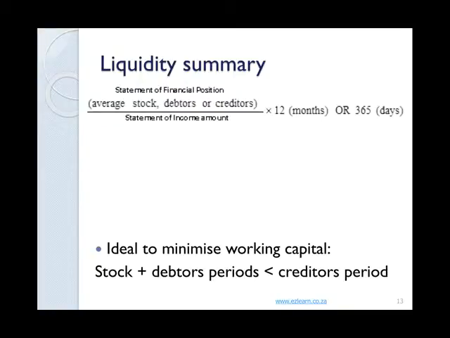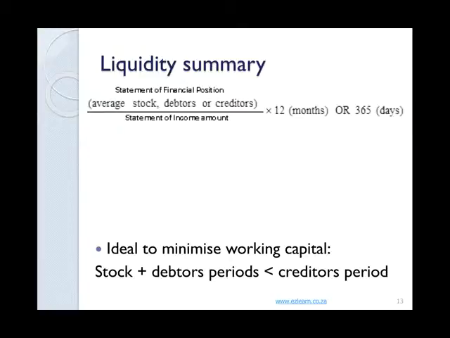In addition, we want to keep in mind that to minimize working capital, ideally, we want to look at our stock period and our debtors period. If together these are smaller than our creditors period, we will not have need of much working capital, as in fact, our creditors are then able to finance our stock and our debtors.